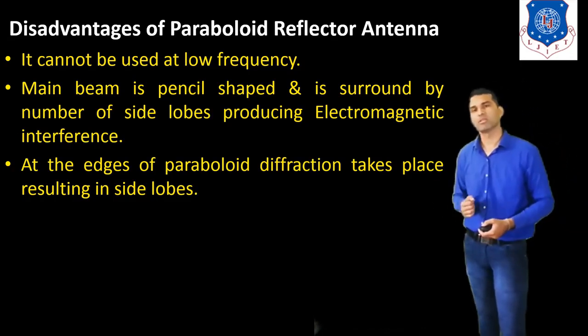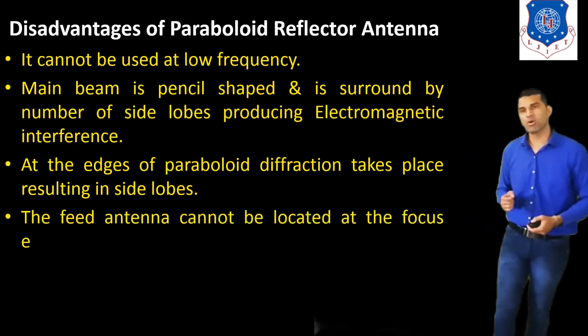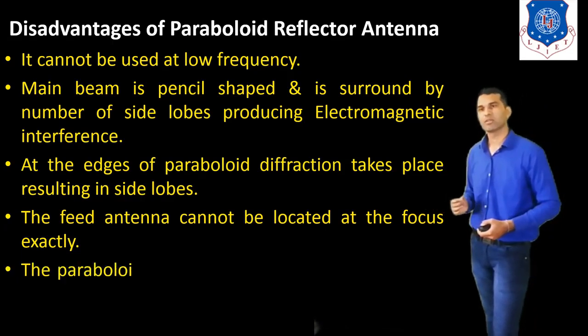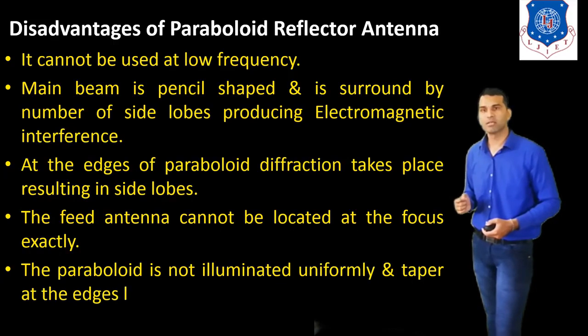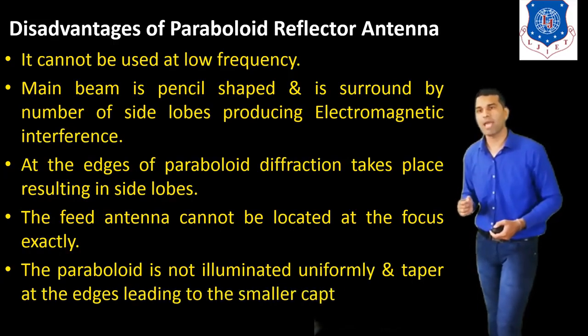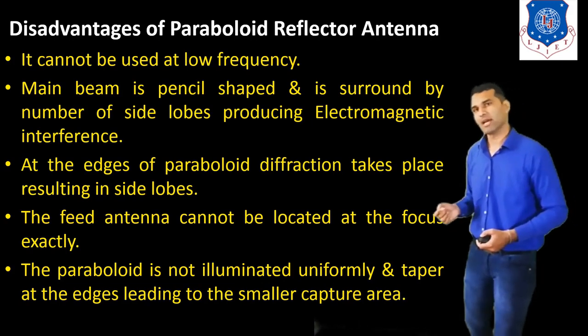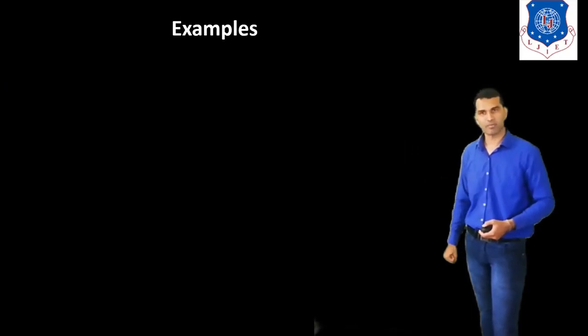So here the side lobe is also present. The feed antenna cannot be located exactly at the focus. The next disadvantage is that the paraboloid is not illuminated uniformly and tapers at the edge, leading to a smaller capture area. So these are the disadvantages of the parabolic reflector.